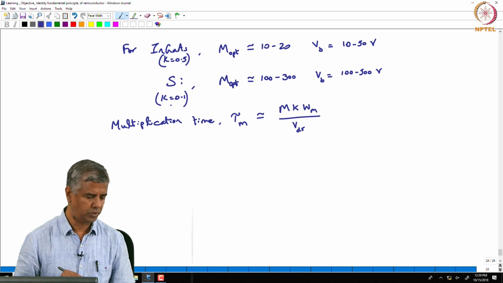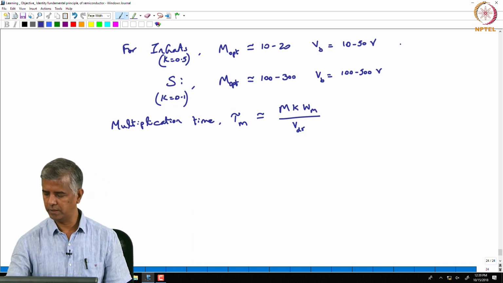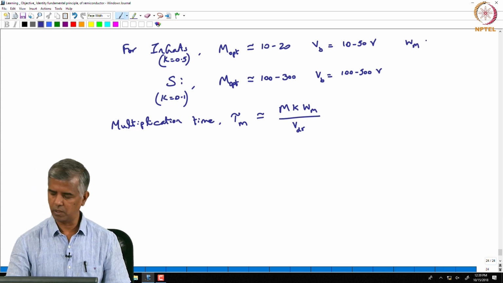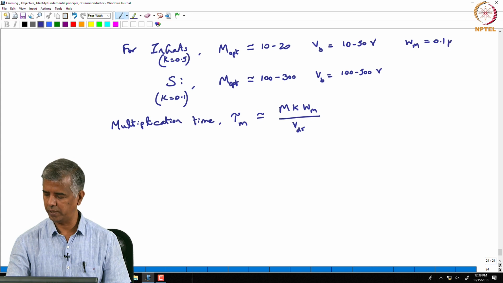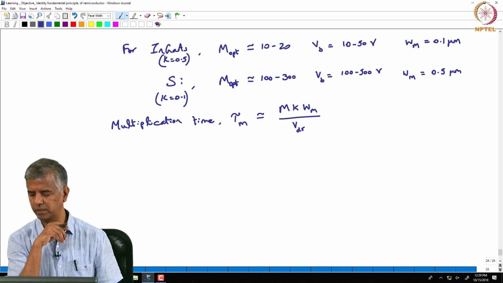If you substitute these values, in this case you do not need a lot of Wm. Wm can be as small as 0.1 micron, whereas here the impact ionization coefficient is not as high, so Wm needs to be more; it has to have a larger multiplication region.